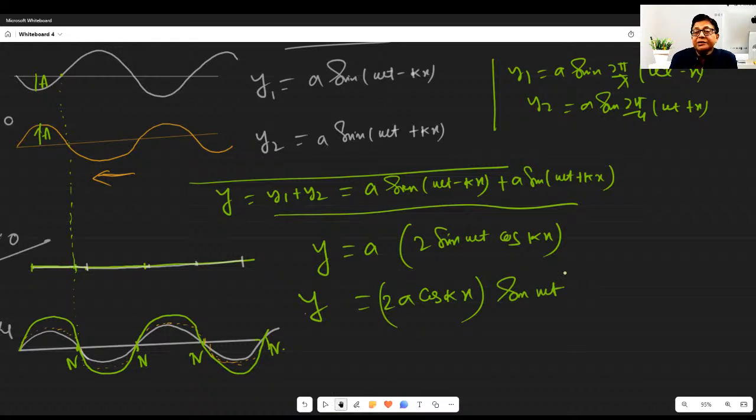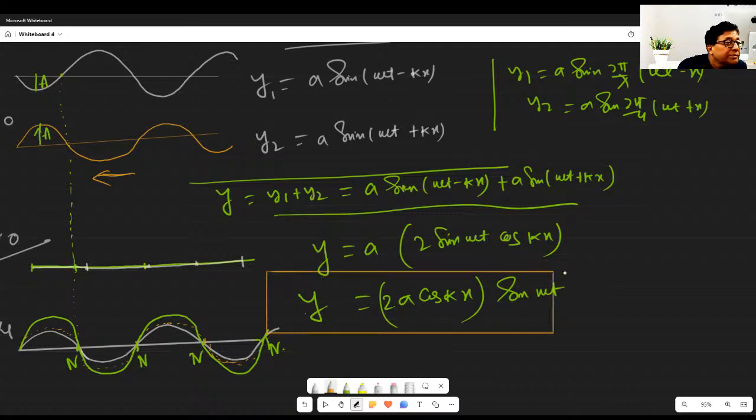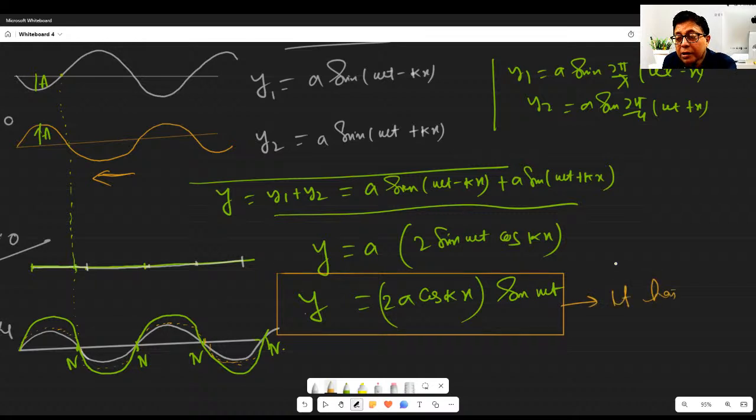This is the resultant waveform. And it is very peculiar. See, these sine and cosine terms are called periodic functions, no? This is the equation of a standing wave now. This standing wave has double periodicity. Why is it said that? This is a standing wave. It has double periodicity.